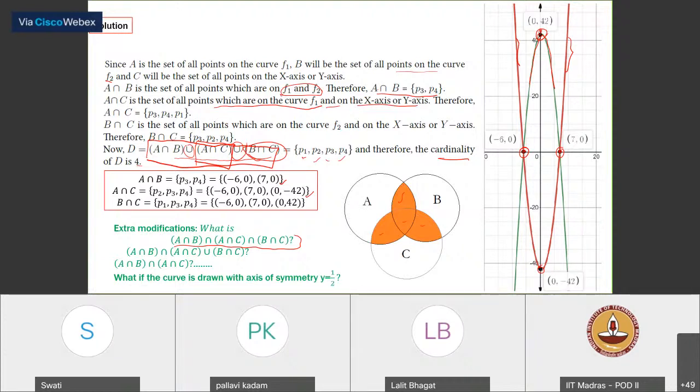What will be the answer? Just try that, making more questions. What are the answers which can come through it? Otherwise, the question is quite easy.